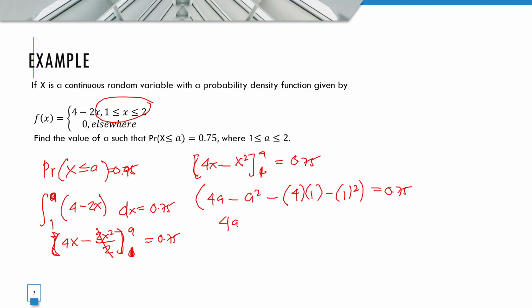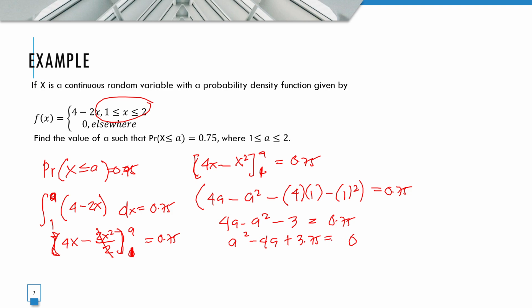So 4a minus a squared minus 4 minus 1, that is equal to 3, is equal to 0.75. So a squared minus 4a plus 3.75 is equal to 0.